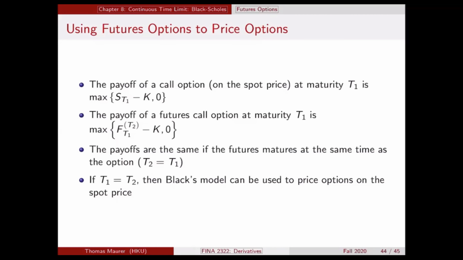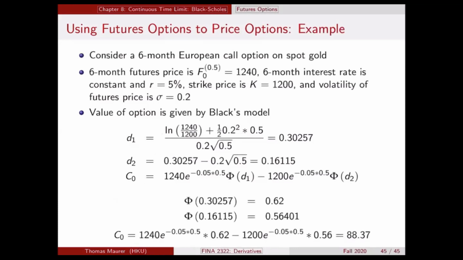In this case, the futures option is going to have exactly the same payoff as the option written directly on the underlying. And therefore, the futures option must have the same value as the option written directly on the underlying. So this is nice because now we can use the futures option to price the option written directly on the underlying. So let's look at an example.